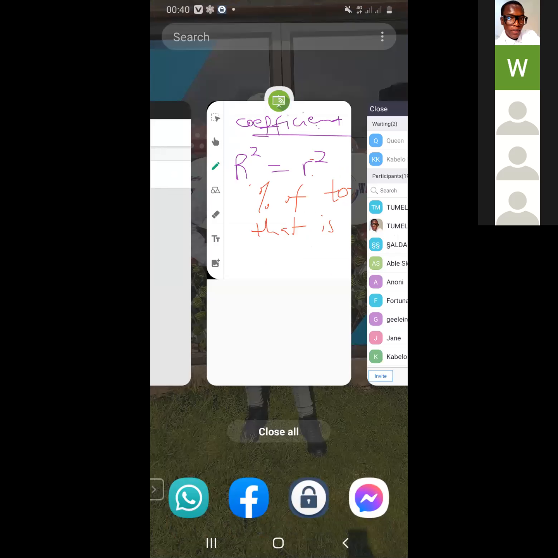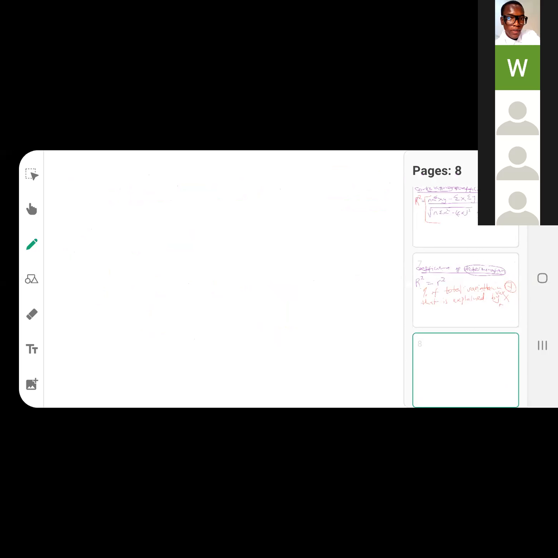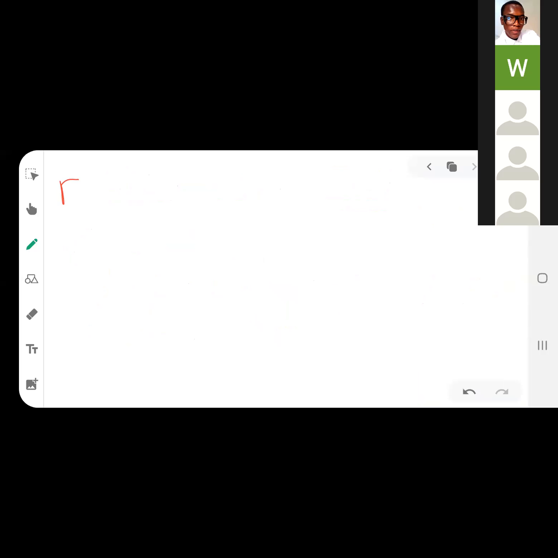So you will need to interpret. Remember, after calculating each value, you need to make an interpretation. And then when you interpret r, remember your r will always be between -1 and +1, both inclusive.